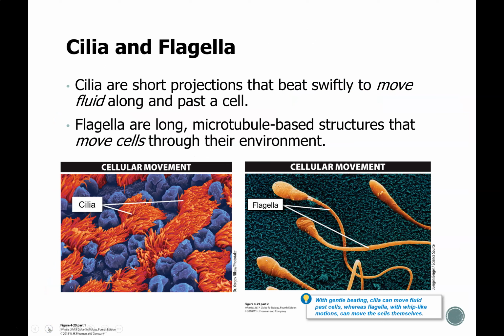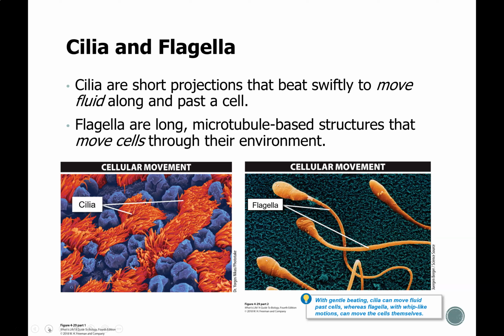So a little bit more on flagella and a related structure called cilia. So flagella and cilia are both long, thin projections that help with movement, but they have very different purposes. So cilia are short projections that beat swiftly.